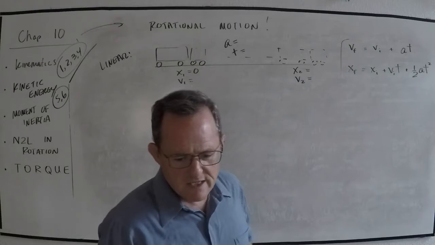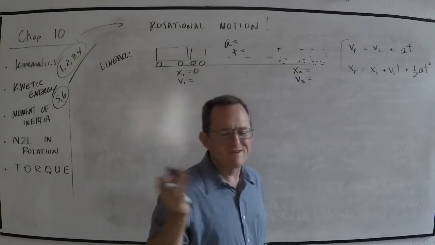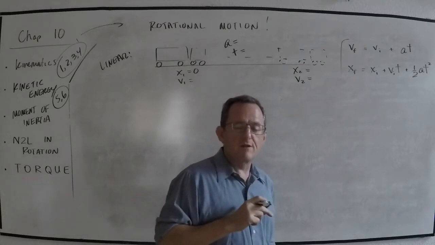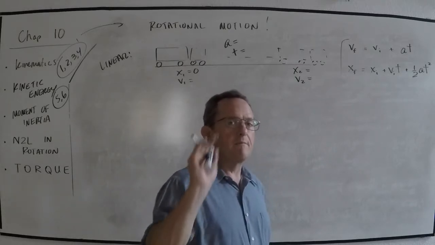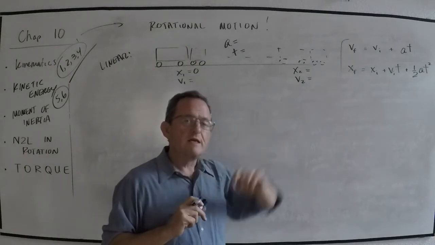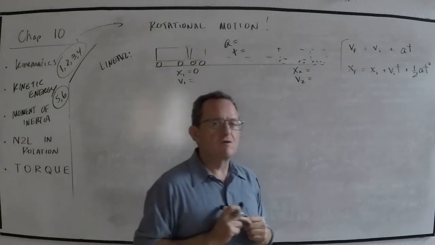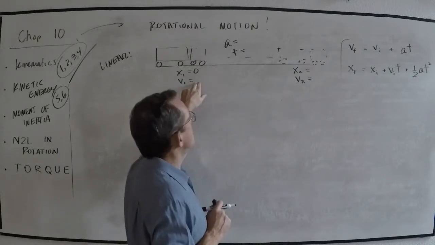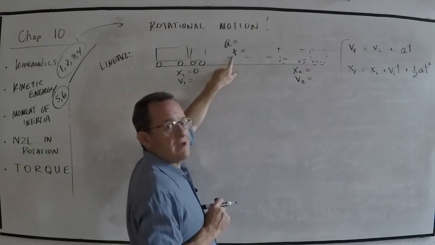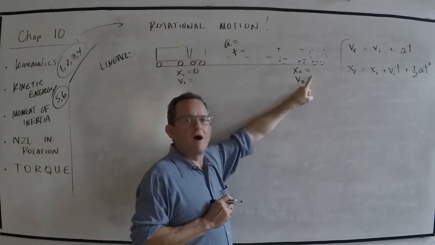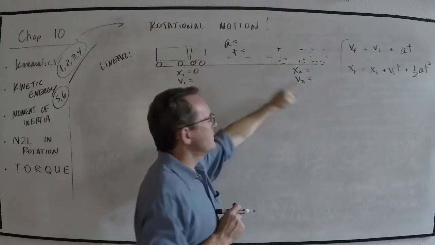They say it rotates at a rate of 2.45 times 10 to the 4 revolutions per minute. I'm going to talk about that in just a moment. But revolutions per minute is telling you how fast it's rotating. They give you the final speed. They tell you the initial speed is 0. They give you the time. How many question marks are we going to have? Acceleration and our final position, which is also the distance.